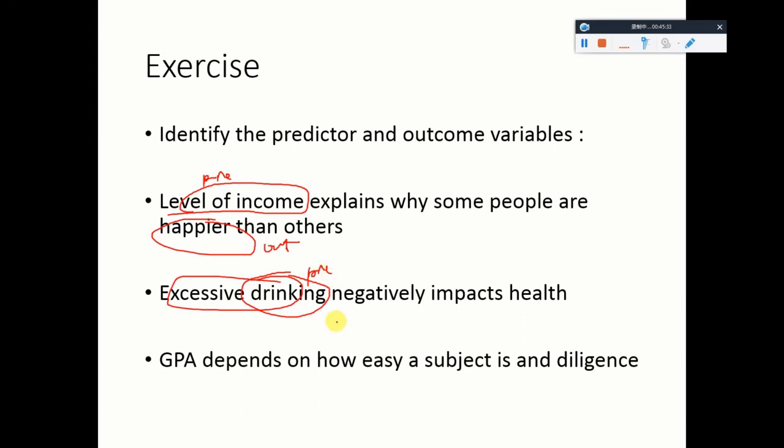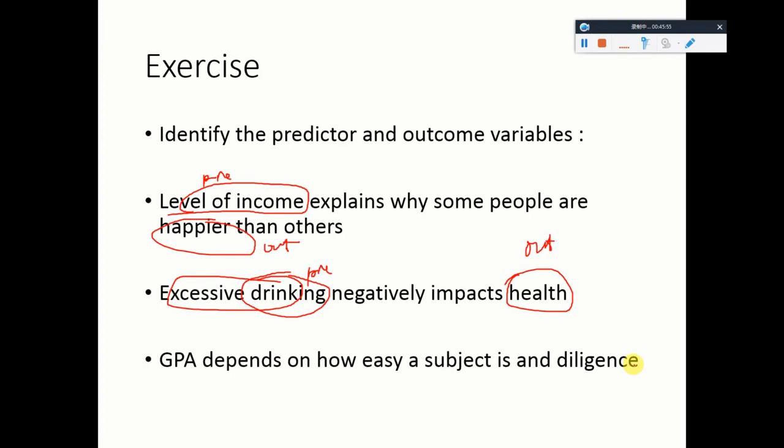An outcome variable, of course, is the degree of health, how healthy you are. That's the outcome. Easy.